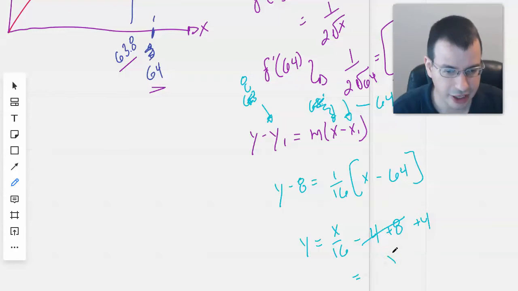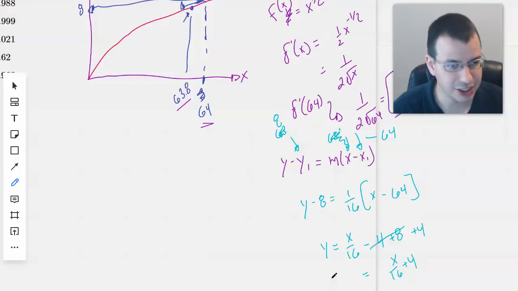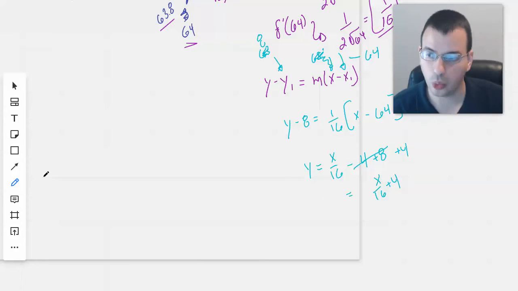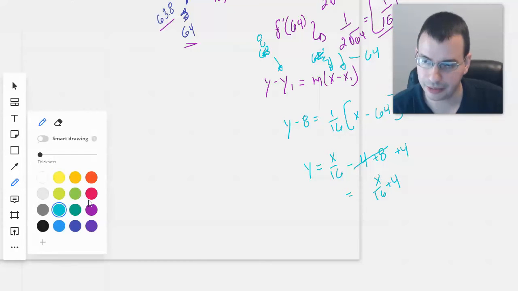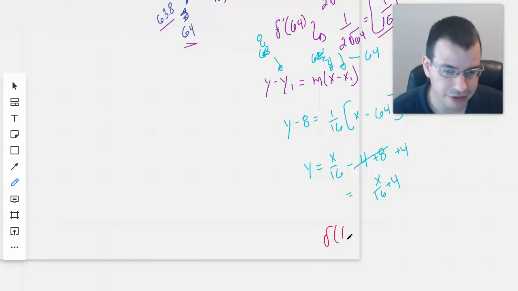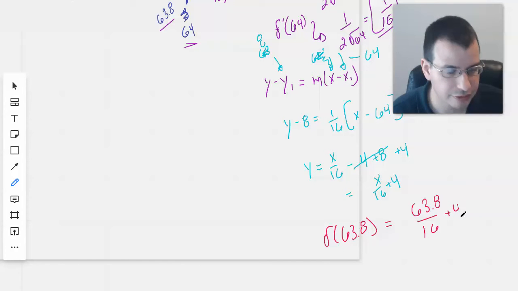So we have x over 16 plus 4, and that is the equation of our tangent line. We can use that to find f of 63.8, which would equal 63.8 over 16 plus 4.